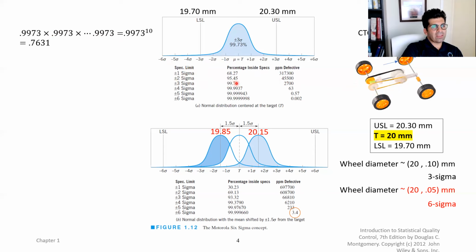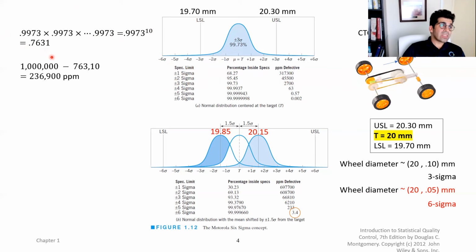So the probability that all 10 are within the specifications, which means the entire product conforms to the specification and is not defective, is 0.7631, which translates to 236,900 parts per million defective, which is a lot of defective parts. So that shows the significance of why it's so important to produce within Six Sigma.